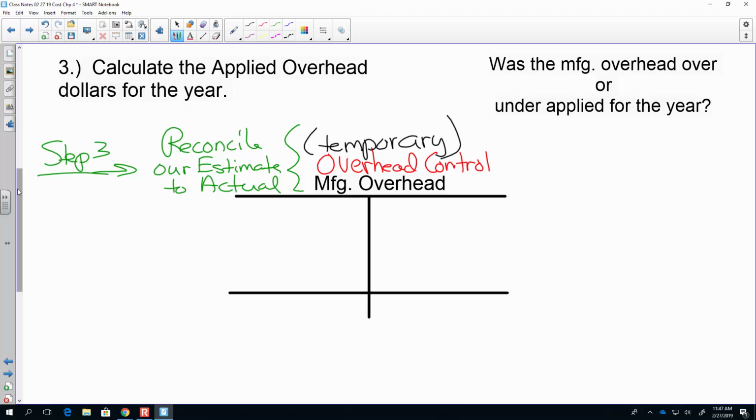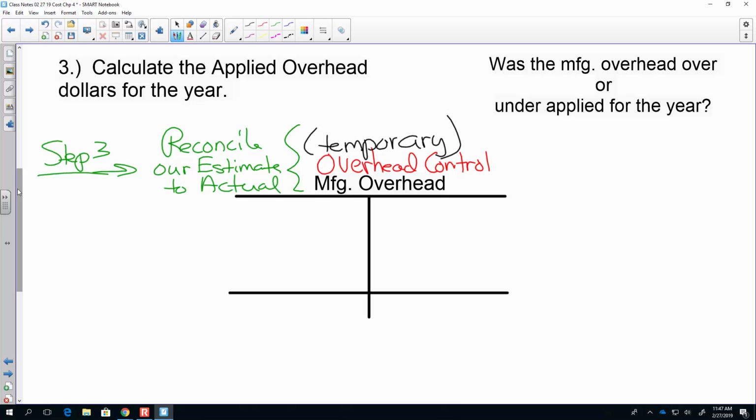What side does the actual overhead go on? The left side or the right? What is the actual overhead? I need the dollar amount. What did you say, Dipali? 50,596.